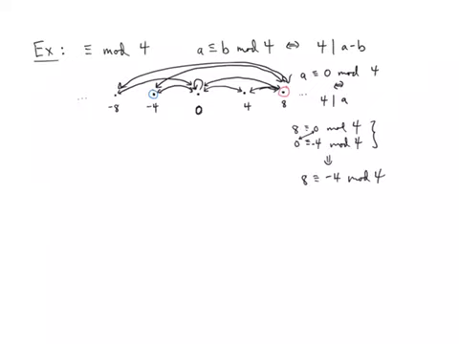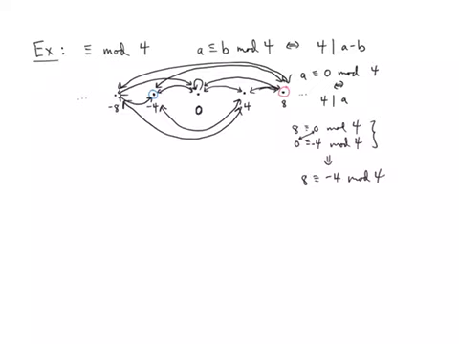And there's got to be something connecting 4 and negative 4, and 4 and negative 8, and 8 and negative 4. I think that's all of the ones. And then, of course, every other multiple of 4 as well.